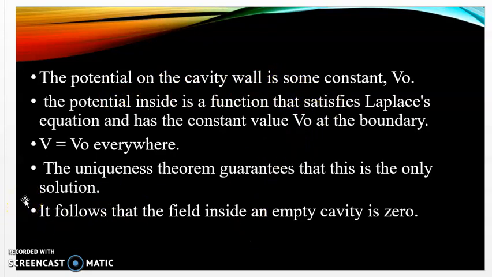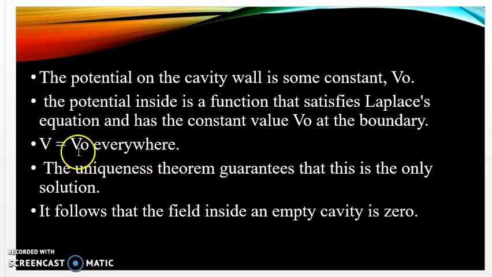Another thing you need to know is that a function that satisfies Laplace's equation and has the constant value V naught at the boundary has V equal to V naught everywhere.